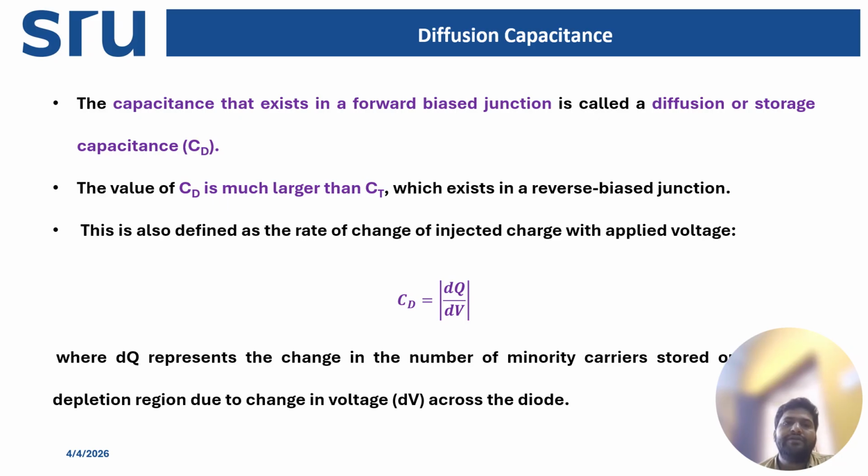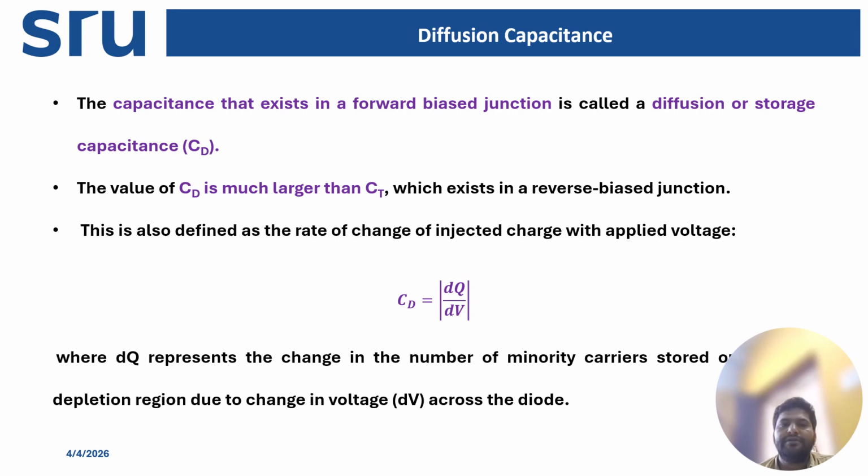Why is it called diffusion capacitance? The carriers that cross the junction move due to the diffusion process. Capacitance is defined as C equals dQ by dV, where Q is the stored charge and V is the applied voltage in forward bias.